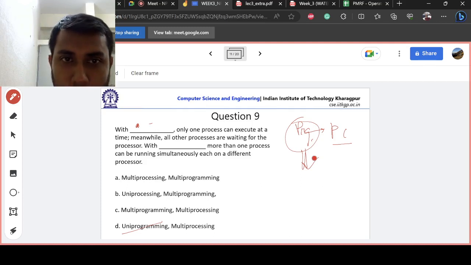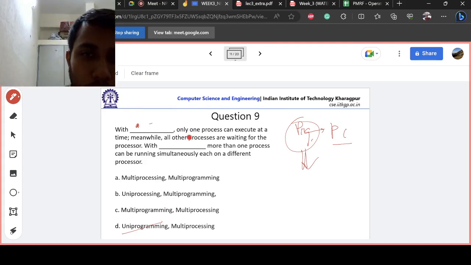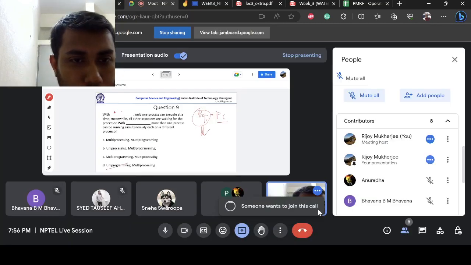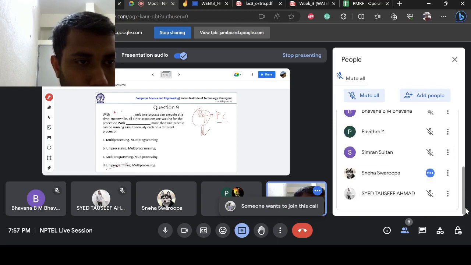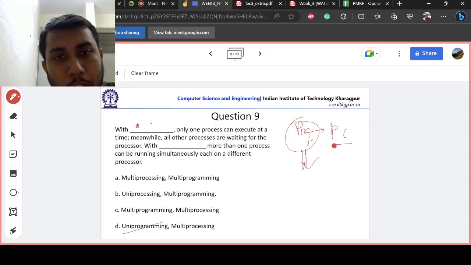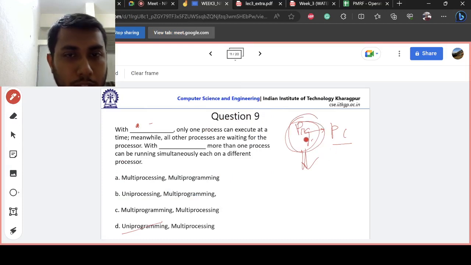But you have told that each program has multiple processes to it. Let's see here. When we say it is uniprogramming, it means multiprocessing by that logic. See, in the first case, it says only one process is executed at the same time, so that means only one program is being run.